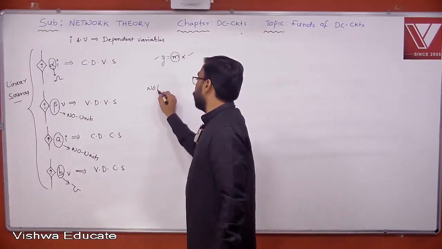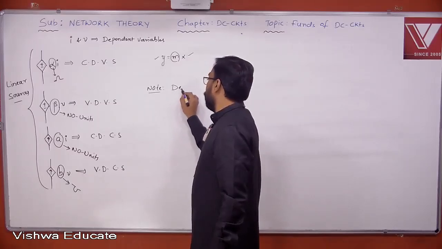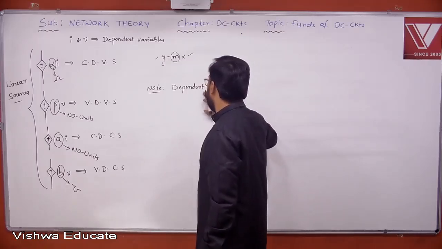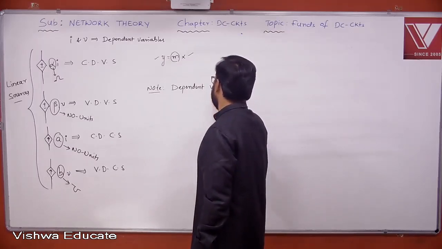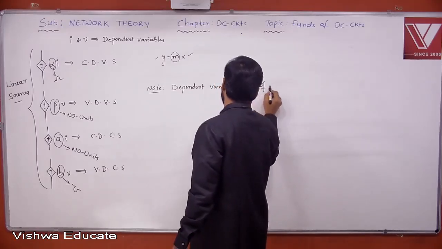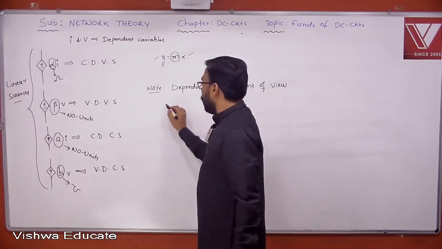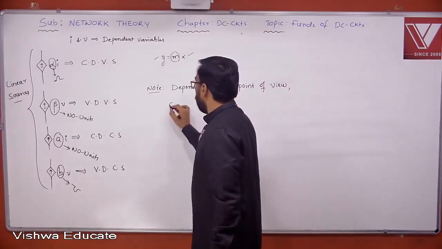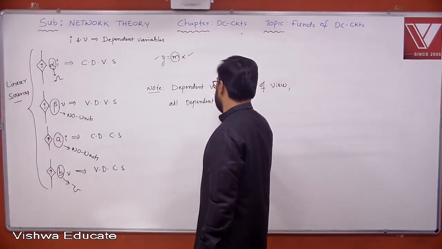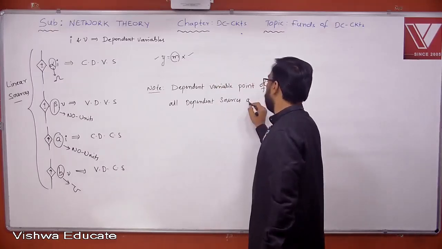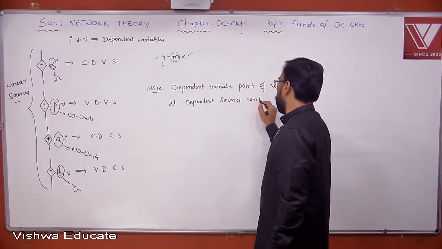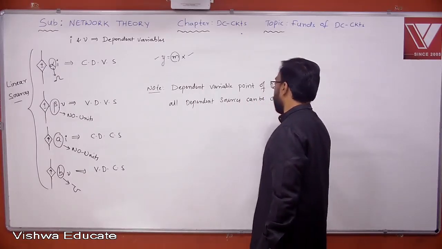Therefore, write down that point. Note, dependent variable point of view: all dependent sources are called, or can be called, linear sources.